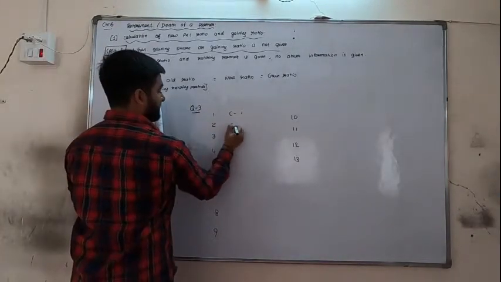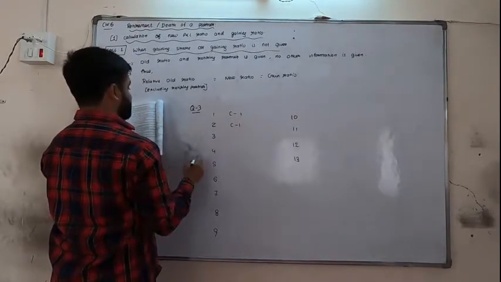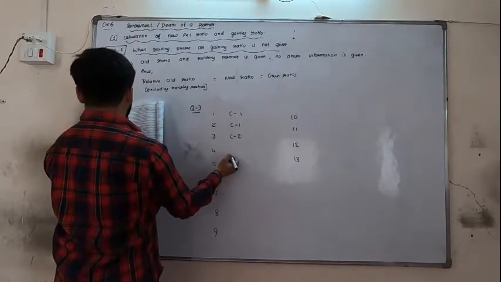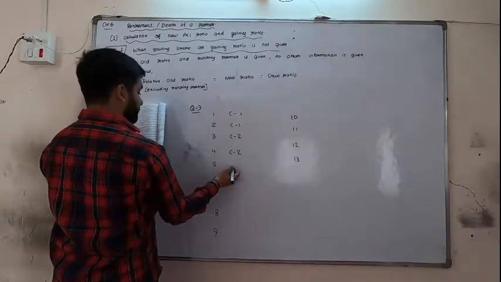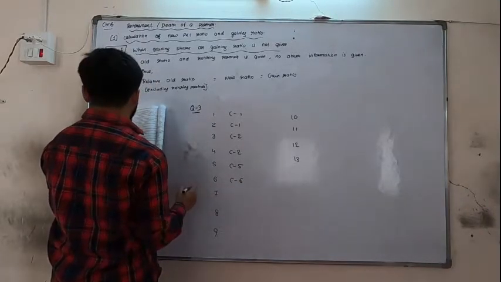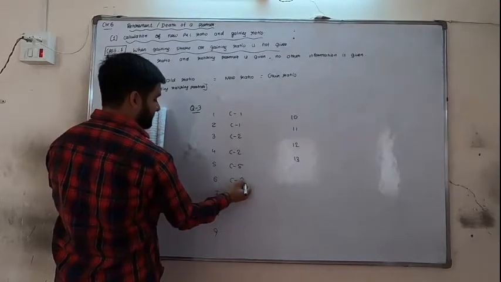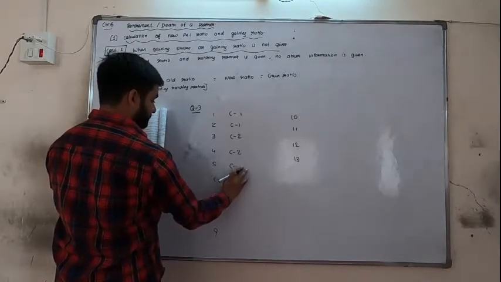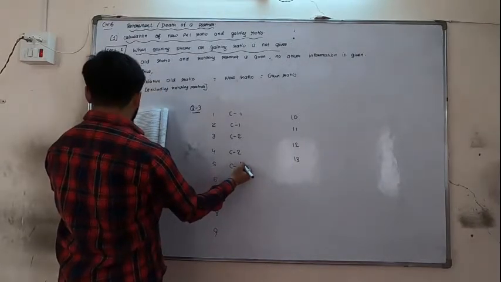So first and second sum is of case 1. Now third sum is of case 2. Fourth sum is also of case 2. Fifth sum is of case 3. Sixth sum is of case 2. I am making a mistake.